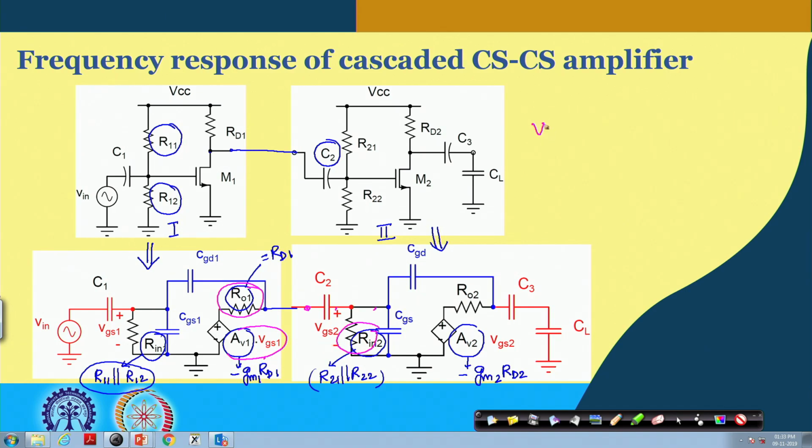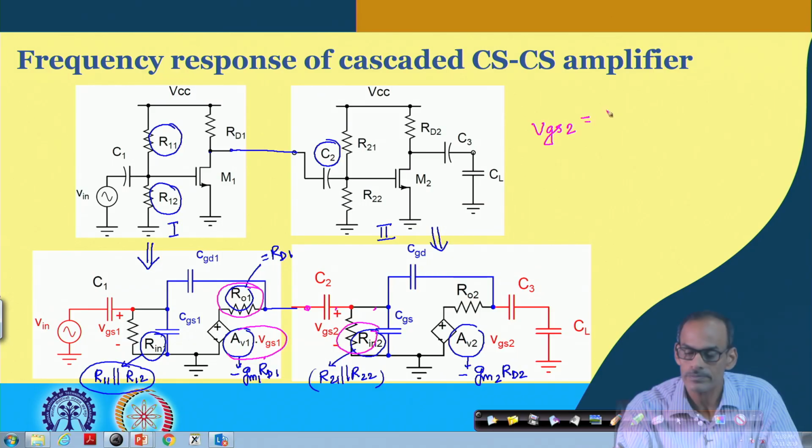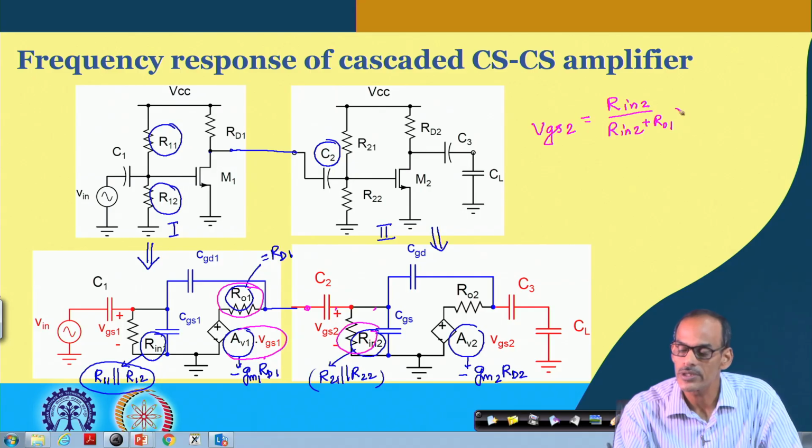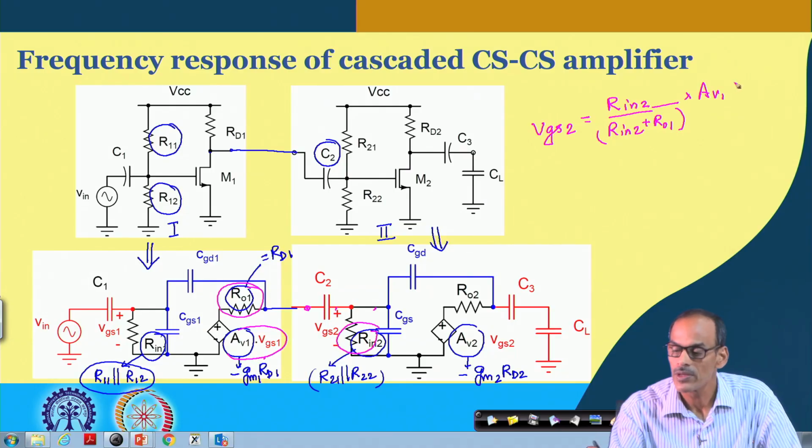So VGS2 is Rin2 divided by Rin2 plus RO1, the attenuation part, multiplied by whatever AV1 into VGS1 we have.